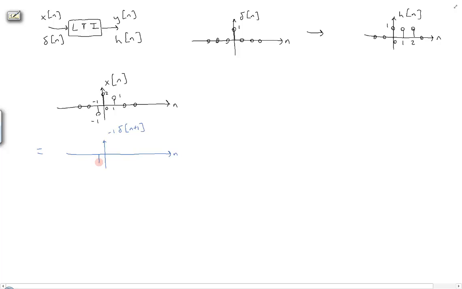The first component is just a delta shifted to the left by 1 and scaled by -1. So it has an amplitude of -1 and a 0 everywhere else. This can further be written as x of -1 times delta of n plus 1, because x of -1 is -1.